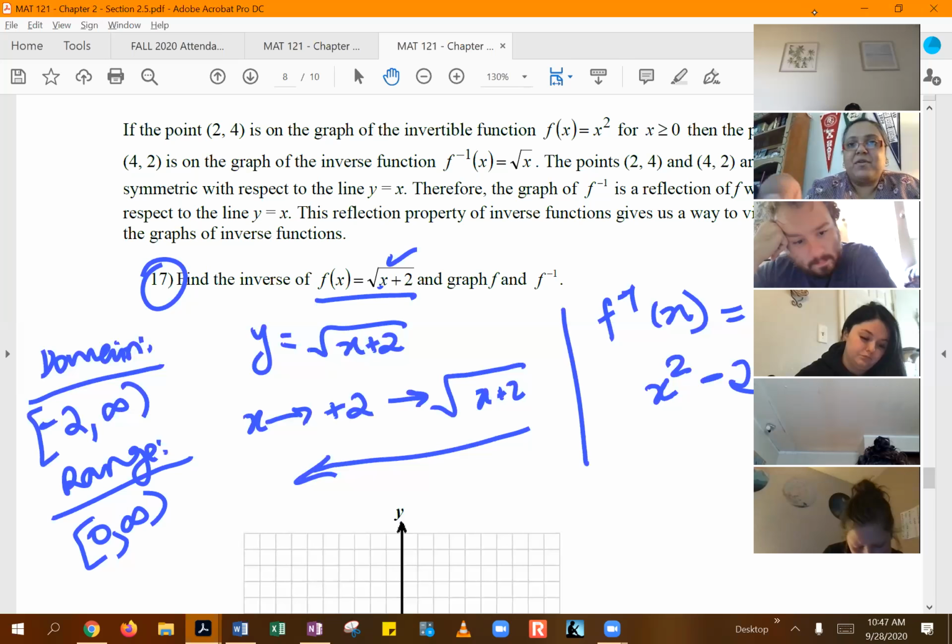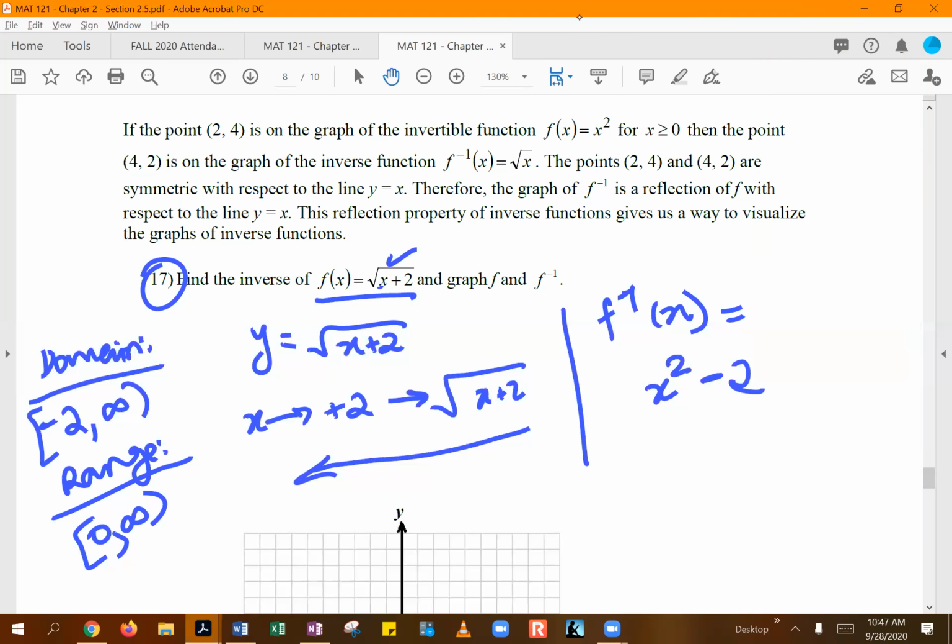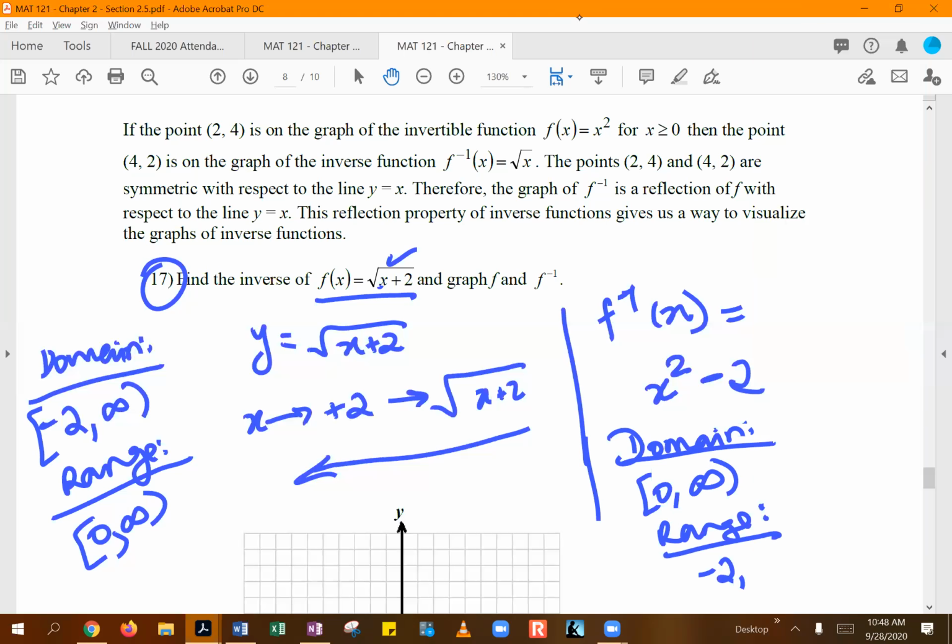So what's going to happen over here, guys? The range will now actually become the domain of this inverse function, which means the domain for our guy over here is going from 0 to infinity, including 0. And the range is now the domain of the original function, which will end up becoming -2 to infinity.